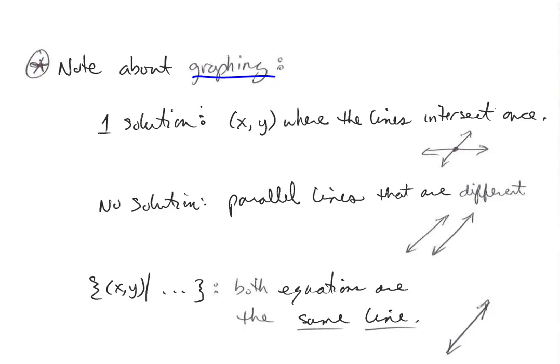If you have one solution, as we've seen in some examples above, it's usually some kind of x comma y coordinate, and that would be where the lines intersect once. These are systems of linear equations, so you would see the lines crossing at one point. That point is the solution. So any system above where we've had one point as the solution, the lines could be graphed and you'd find them intersecting at that point.